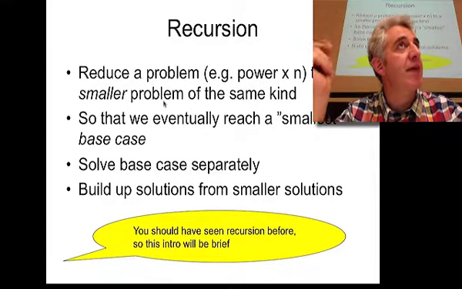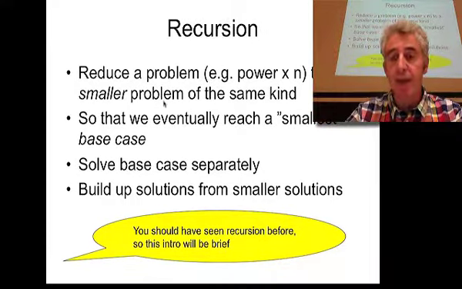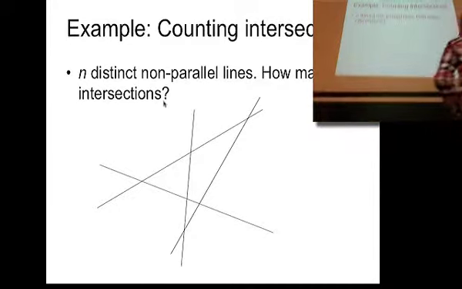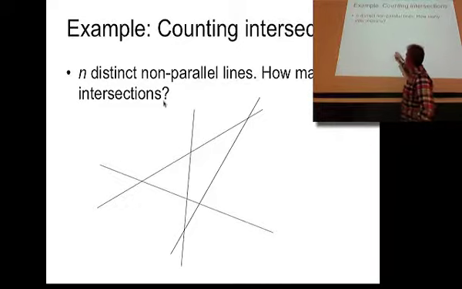Using this way of thinking, during the break, I'd like you to think about this little problem. It's the problem of counting the maximum number of intersections you can have with n distinct non-parallel lines. So here we have a picture with 4 lines, and we have 1, 2, 3, 4, 5, 6 intersection points.